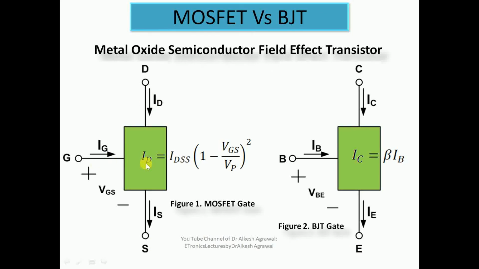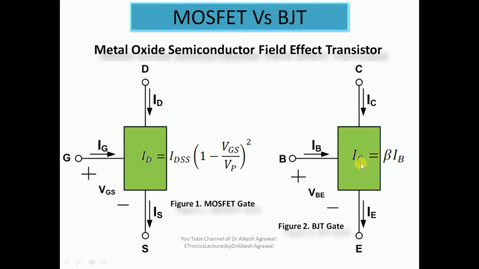The current that flows through a MOSFET is ID, which is given by the Shockley equation: ID equals IDSS times (1 minus VGS upon VP) whole squared, where IDSS is the drain to source current when the gate is short circuited, VGS is the gate to source voltage, and VP is the pinch off voltage.